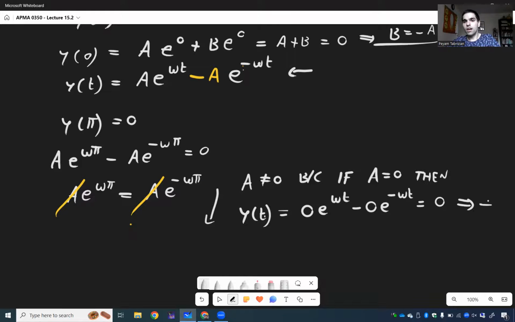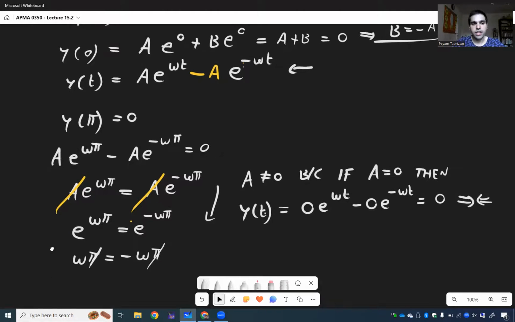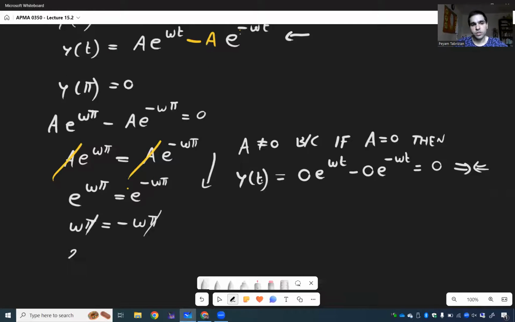So we can assume that a is non-zero because we want non-zero solutions. And this then gives us e to the omega pi equals e to the minus omega pi. You can take logs and then get omega pi equals minus omega pi. You can cancel out the pi here. And essentially, what you get is 2 omega is 0, and therefore omega is 0.